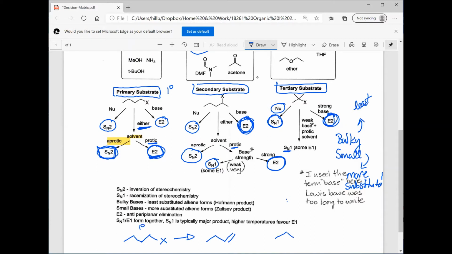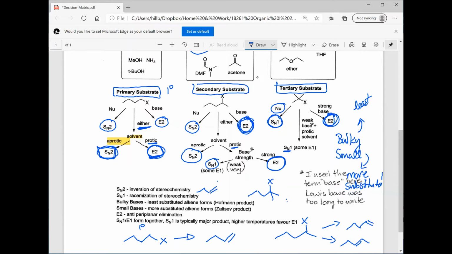In the case of a secondary, if it's not symmetrical, there are two possible E2 products, this one or this one. The least substituted or the more substituted. In the case of a tertiary one, it depends upon the symmetry of the molecule, and in this case there'd be two possible products.